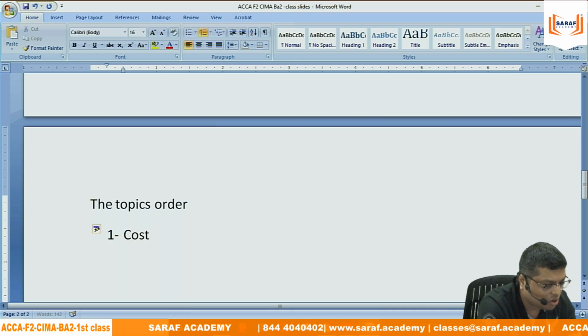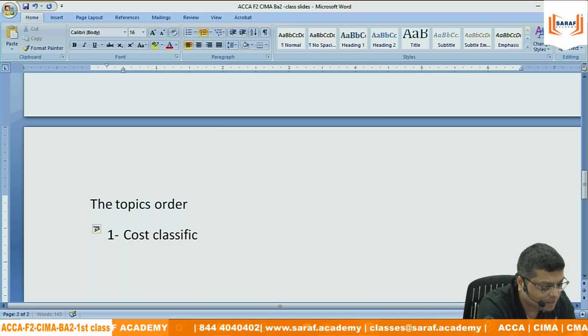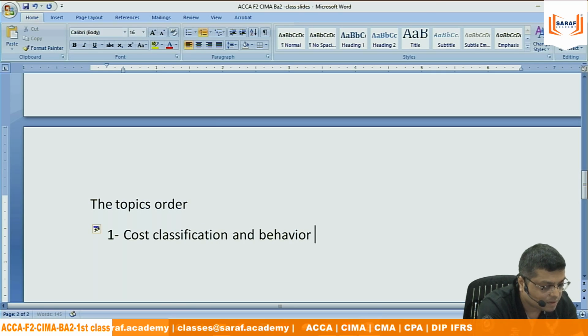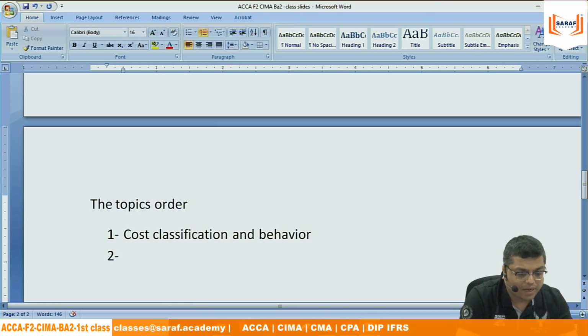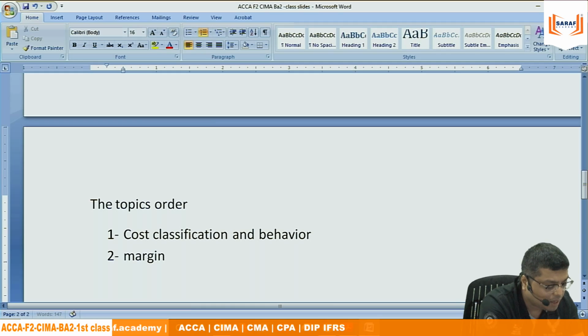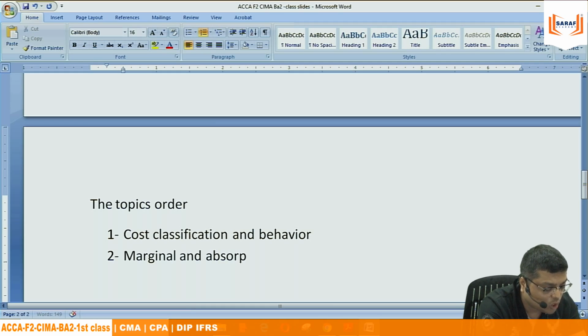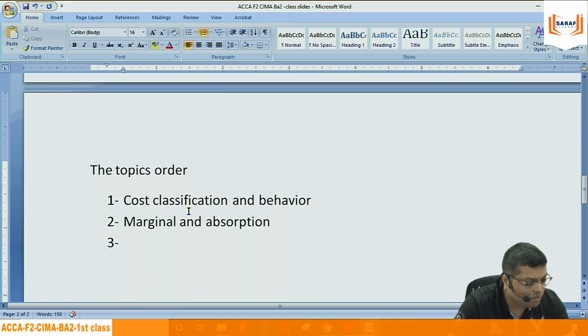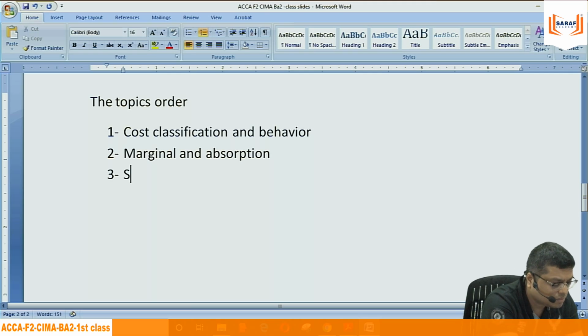First of all, cost classification and behavior. Then we will be doing marginal and absorption. Then we will be doing standard.